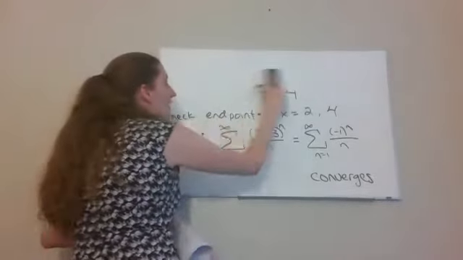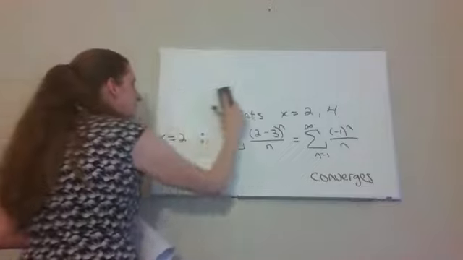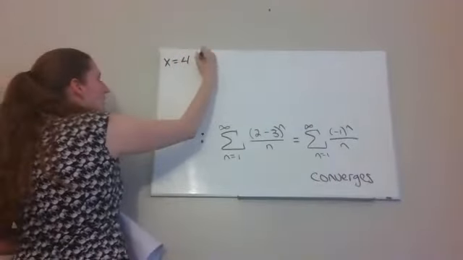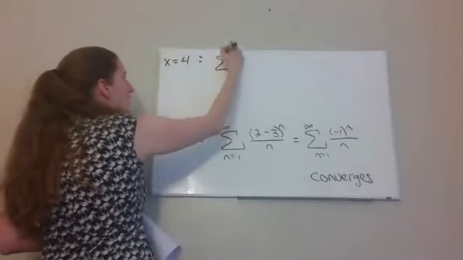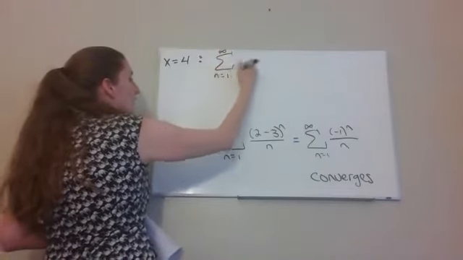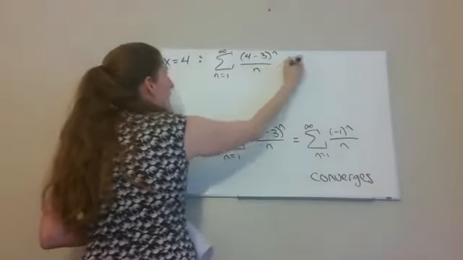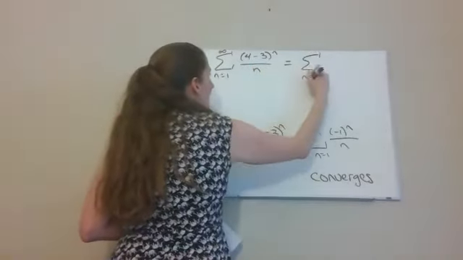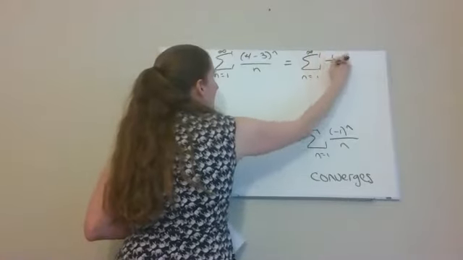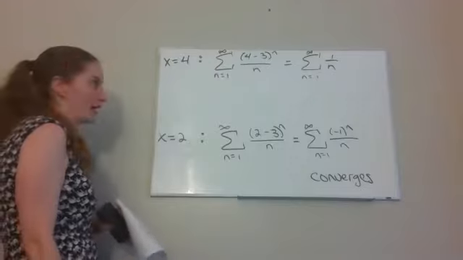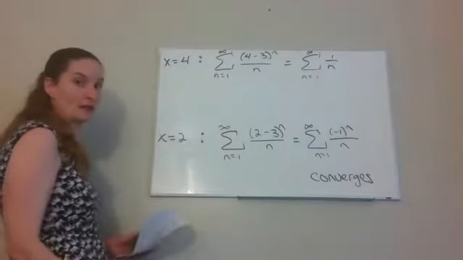What about when x equals 4? We do the same thing. When x is 4, take that 4 and plug it into the original series. So I have (4 minus 3)^n over n. When I simplify that, I get 1^n, which is just 1 over n. That's our harmonic series.